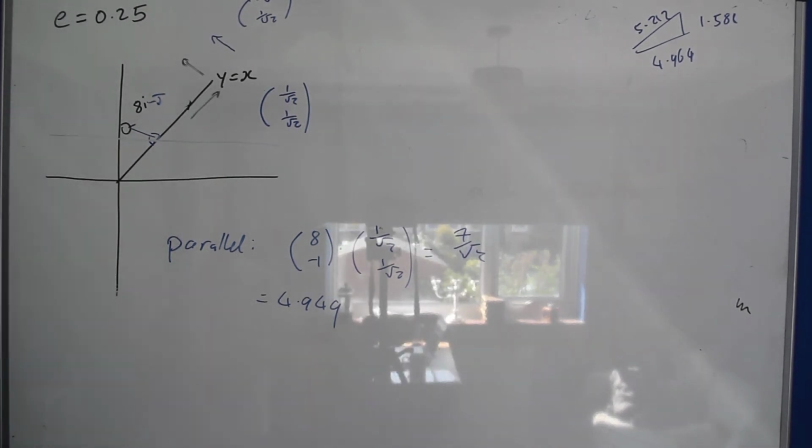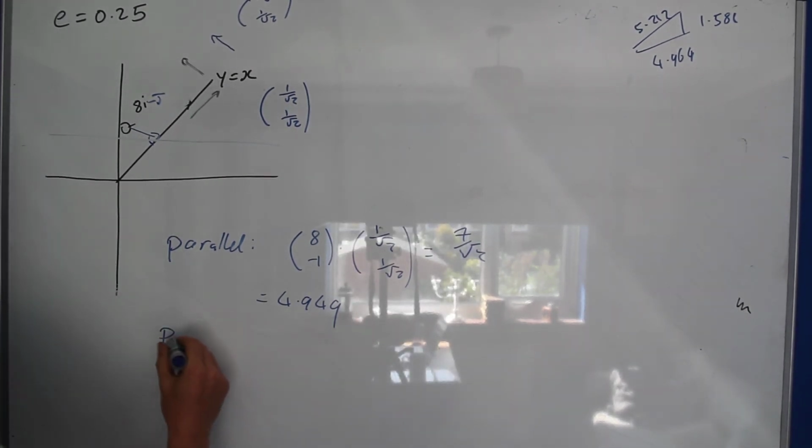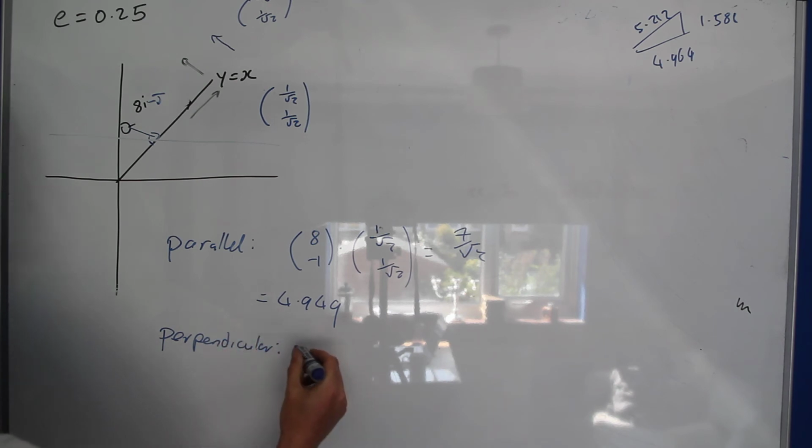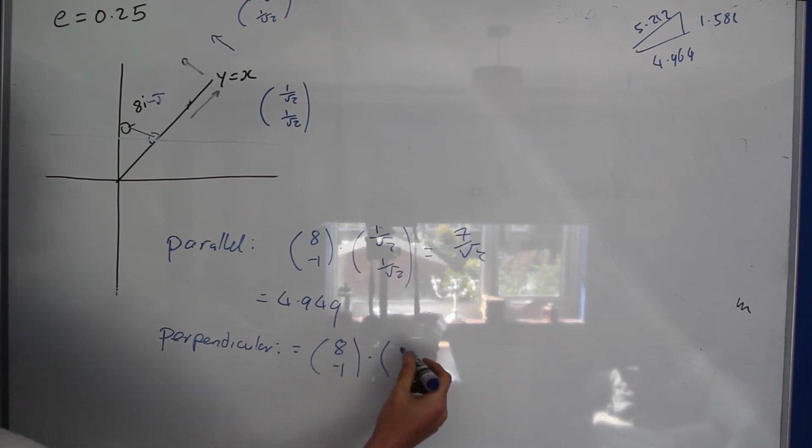And then all I do is perpendicular. Which will be (8, minus 1) dot product with (minus 1 over root 2, 1 over root 2), taking this from here.